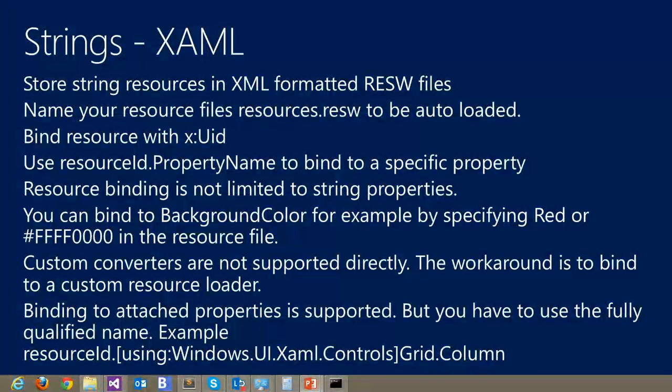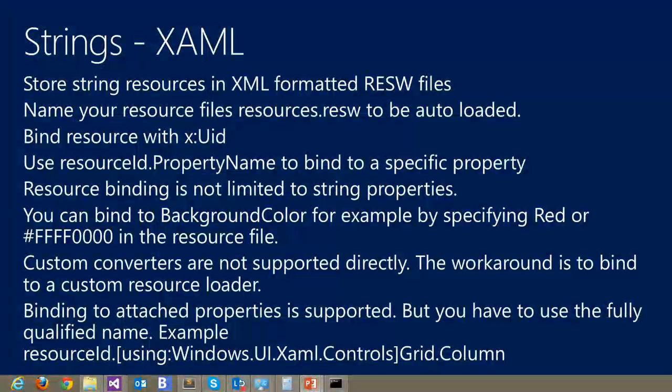And then to do the binding, you need to use what's called x:uid. For each element that you need to bind a resource to, you need to set an attribute called x:uid with the resource ID. And in your resource file, you specify it in the format resource ID dot property name.